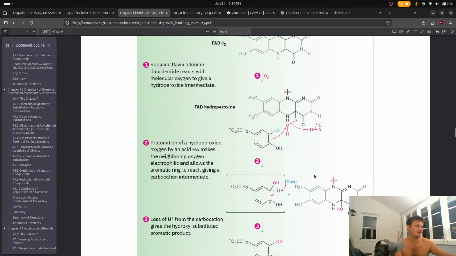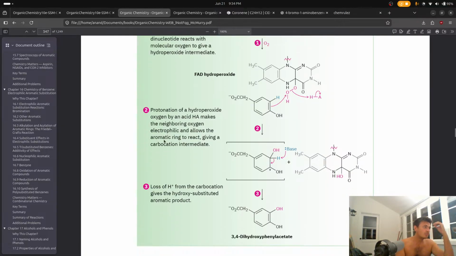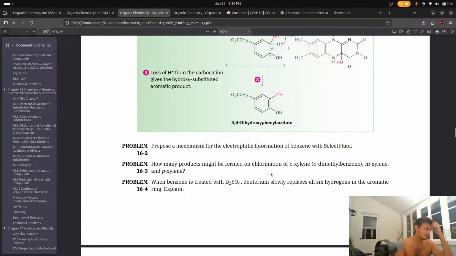Nah, I don't care. I just don't get it. But it's fine. So I'm guessing that this becomes protonated. So it forms peroxide. Then this becomes somehow electrophilic. Bond attacks. And then the intermediate base attacks. Okay, it's pretty simple actually.